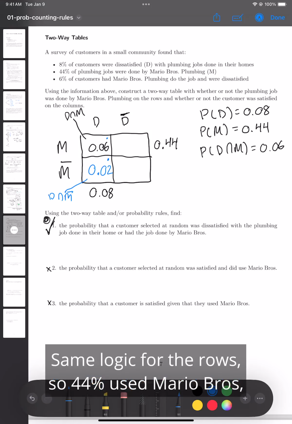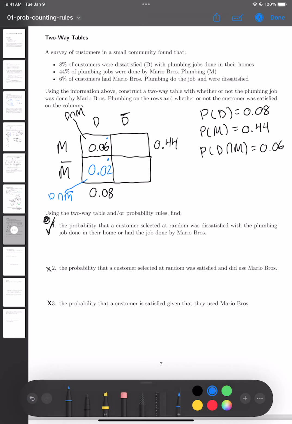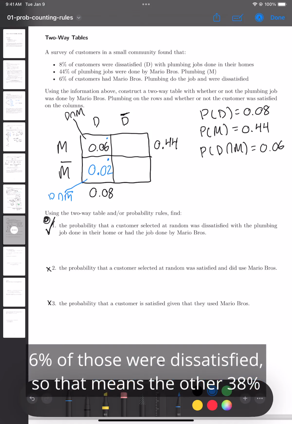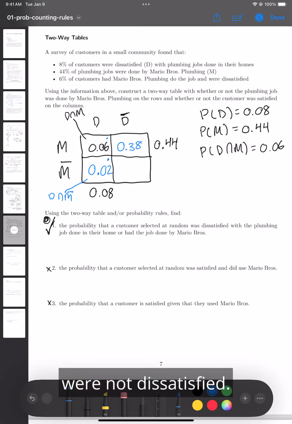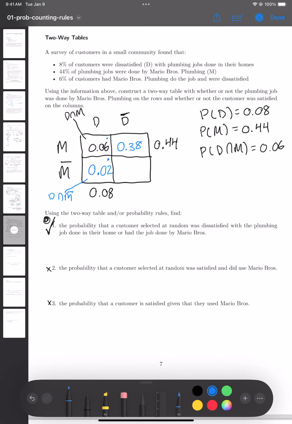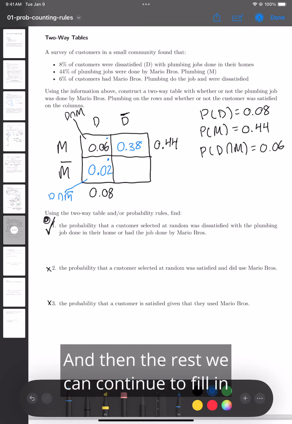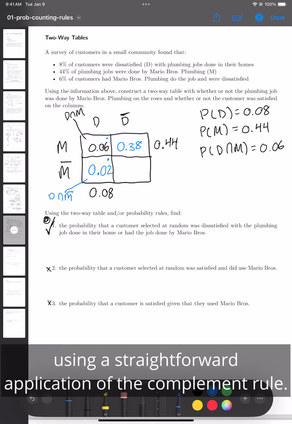Same logic for the rows. So 44% used Mario Bros. 6% of those were dissatisfied. So that means the other 38% were not dissatisfied. And then the rest we can continue to fill in using a straightforward application of the complement rule.